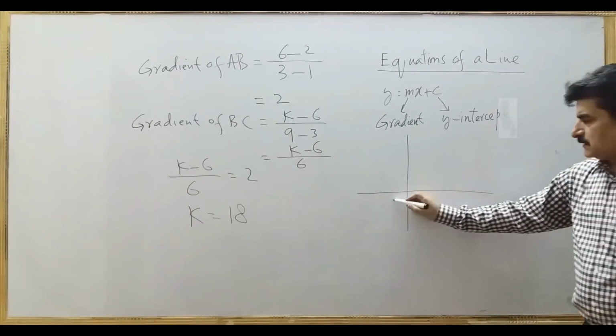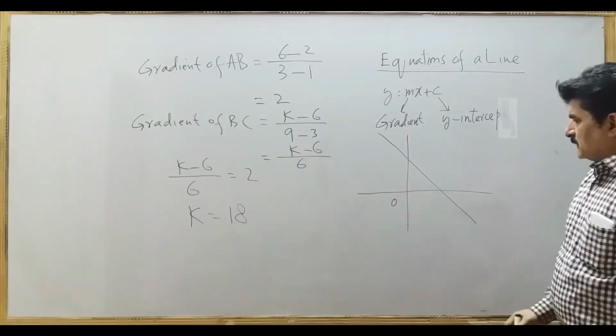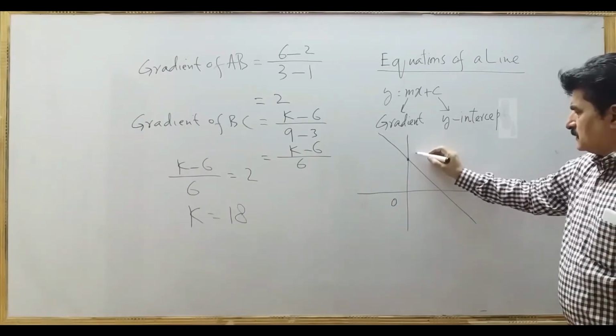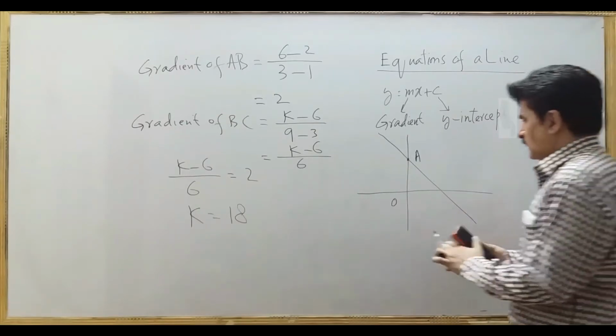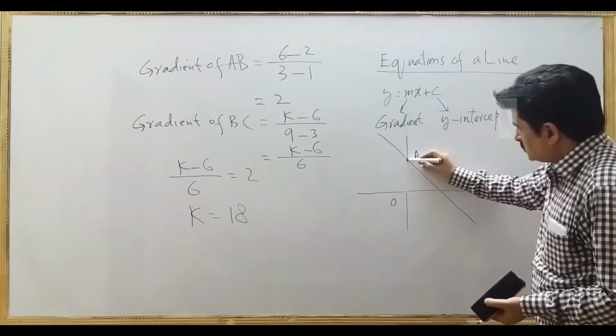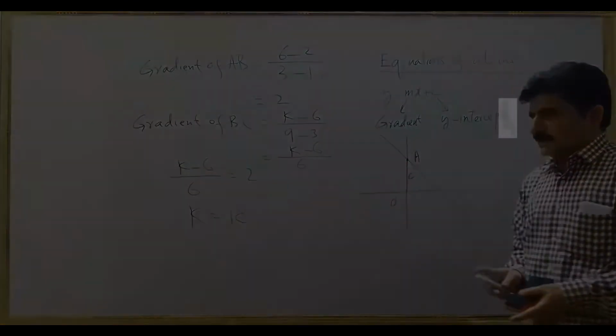On the graph, it means if a line cuts y-axis at the point, say this is A, then this length is c.